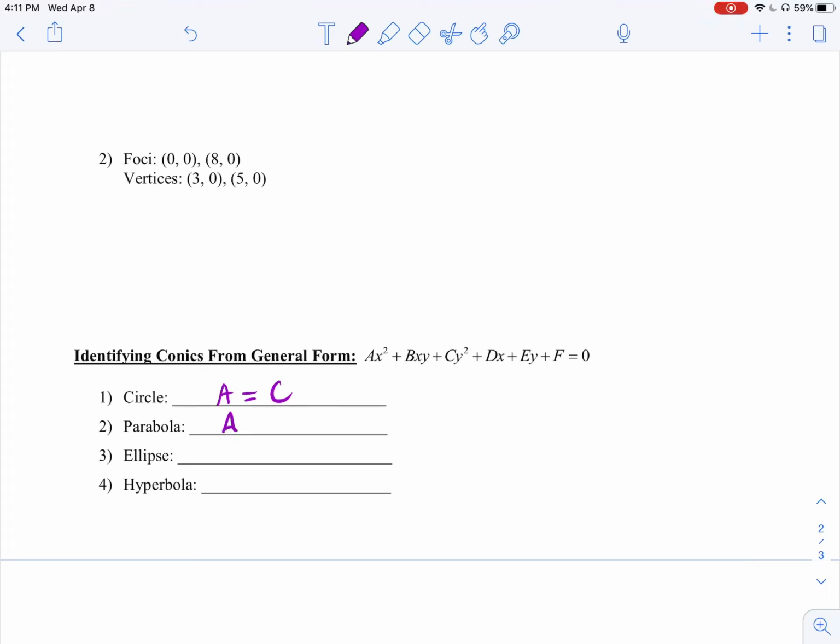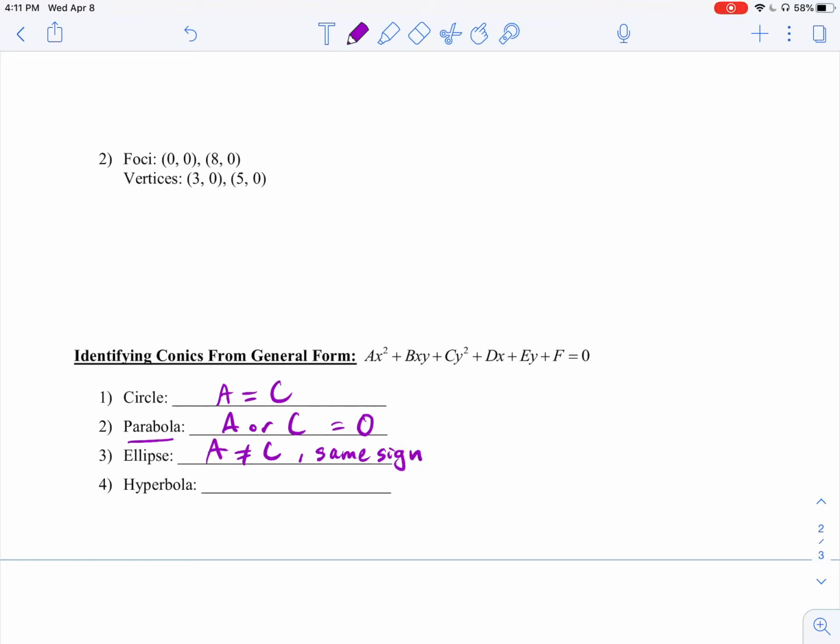When A or C is equal to 0, then that means either only the x term is squared or only the y term is squared. So that's a parabola. When our A is not equal to C, then we know that we are dealing with an ellipse, and specifically we have to have the same sign.